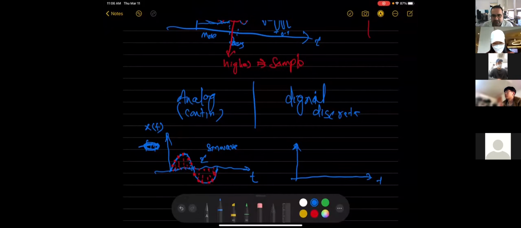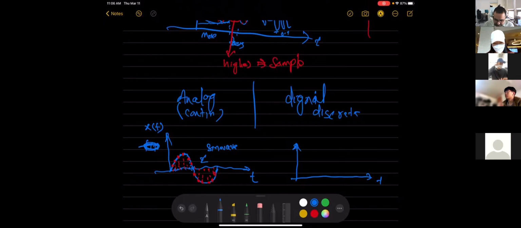Because all the signal means you have all the information related to the signal. If you are talking, any possible point related to your talking will be an analog signal. But then we take samples of your conversation, only particular samples from it, and then that will either be stored or transmitted.